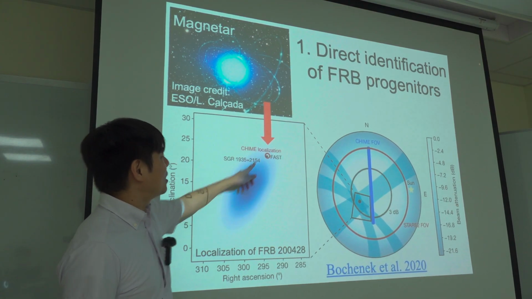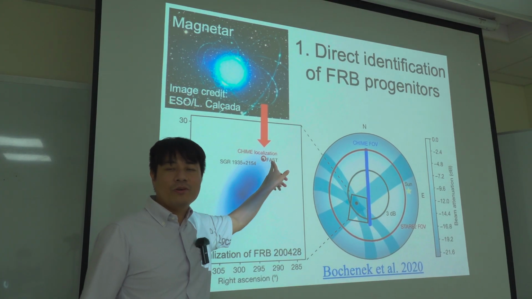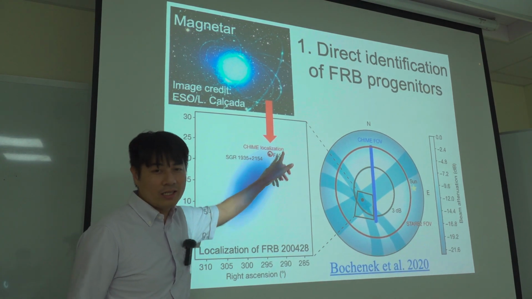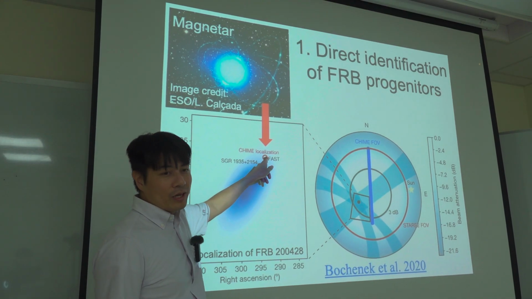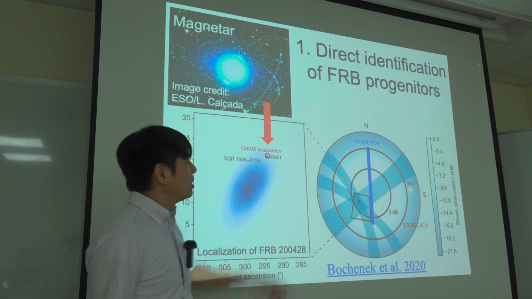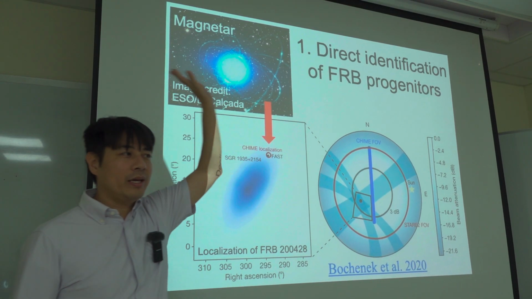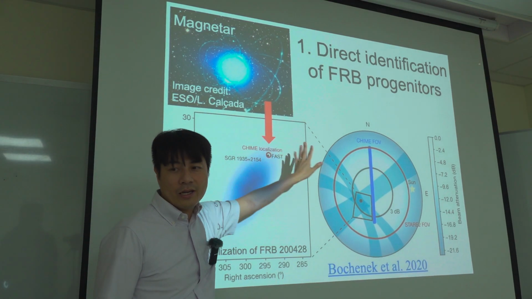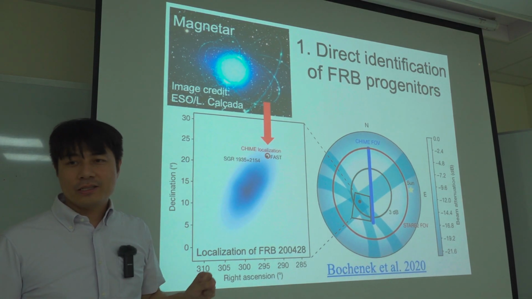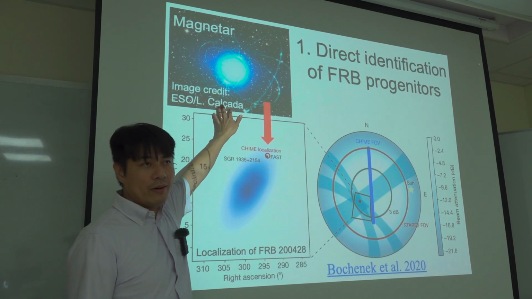But by using CHIME and other fast telescopes, together with another radio telescope in China, currently the largest radio telescope, they could pinpoint the location of this FRB, and then they found a magnetar in our Milky Way galaxy. So for this particular case, they really identified that this FRB came from a magnetar in our Milky Way galaxy.